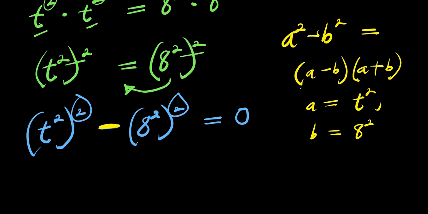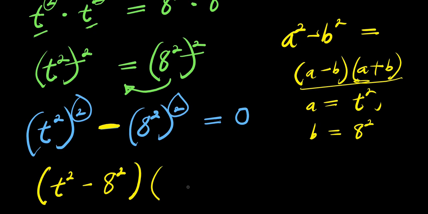So let's insert them right here using this difference of two squares. So we have a minus b, that means we are going to have t² minus a² times we have a plus b, that is t² plus a², and this equals 0.